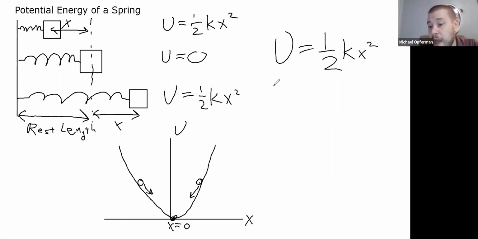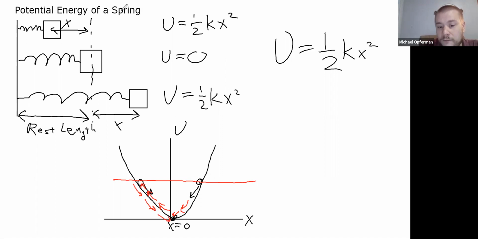And one other thing that is super interesting, but we don't have a lot of time to dwell on it in this class, you'll notice that if an object gets released with a certain amount of total energy on this graph here, so let's say it gets released from rest at this location I marked here, what's going to happen is the object will roll back down towards x equals 0. It'll overshoot x equals 0. It'll roll up the other side of the potential energy surface until it reaches the same level, and then it will roll back down again.